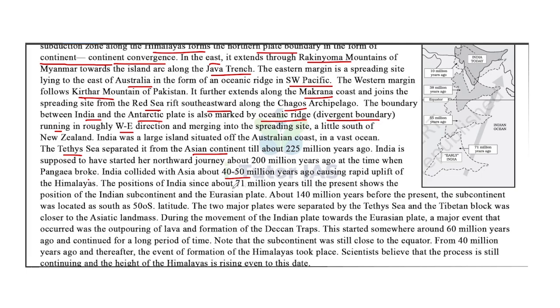The position of India since about 71 million years ago till the present shows the position of the Indian subcontinent and the Eurasian plate. About 140 million years before the present, the subcontinent was located south of 50 degrees south latitude. The two major plates were separated by the Tethys Sea and the Tibetan block was closer to the Asiatic landmass.